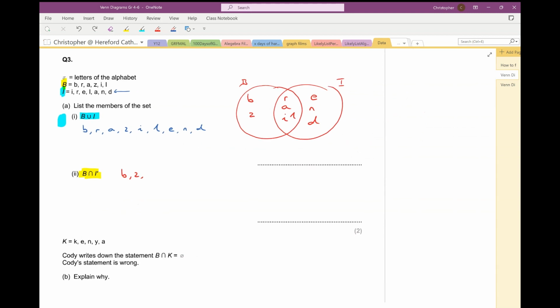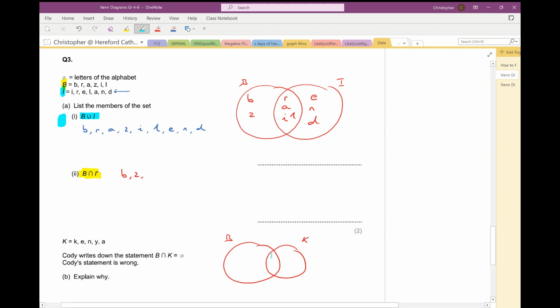K is Kenya. Cody writes down the statement that B intersection K is an empty set. Let's have a look. Here's B intersection K, B and K, and he's saying that there are no letters which are in Brazil and in Kenya. Now it tells us that Cody's wrong. Explain why. Well, which letter or letters are in Brazil and in Kenya?